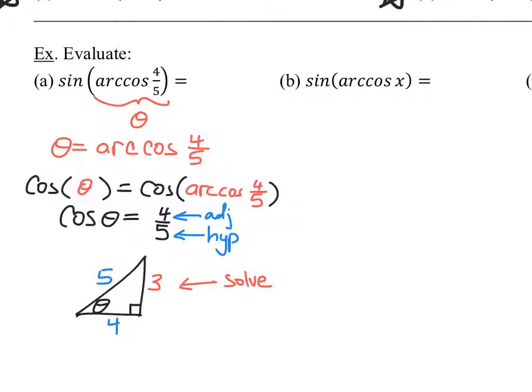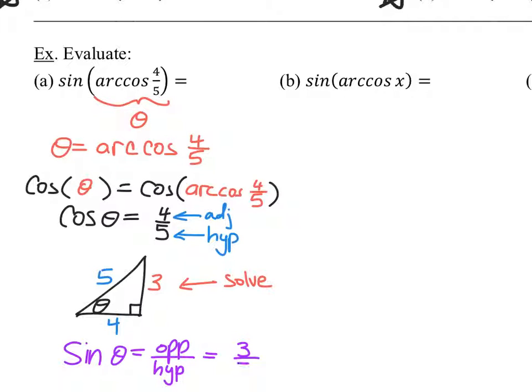All right. So just going back to this, I called arc cosine of 4/5, I called that theta. So what this question is really asking me to figure out is, what is the sine of theta? So sine of theta is equal to the opposite side over the hypotenuse. The opposite side is 3.